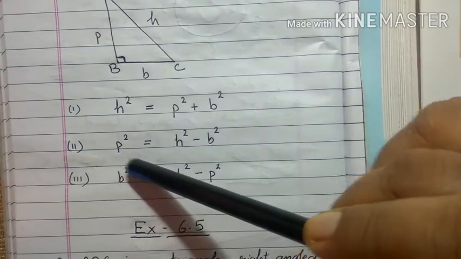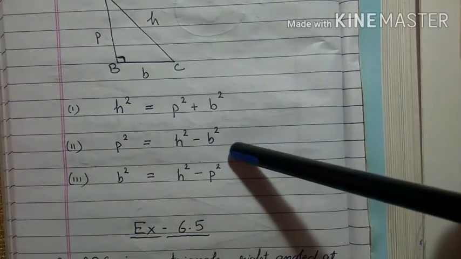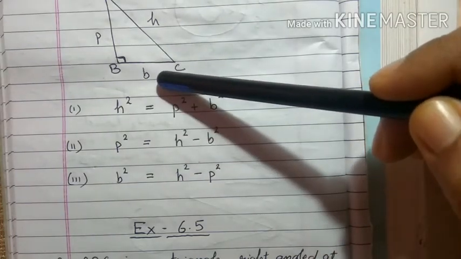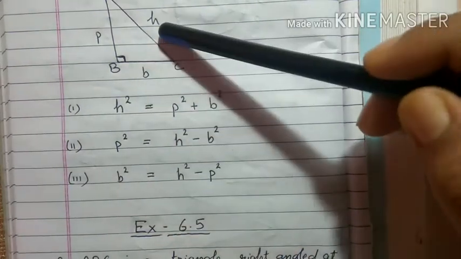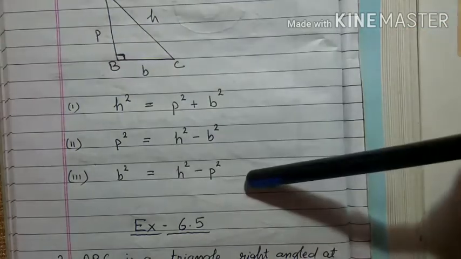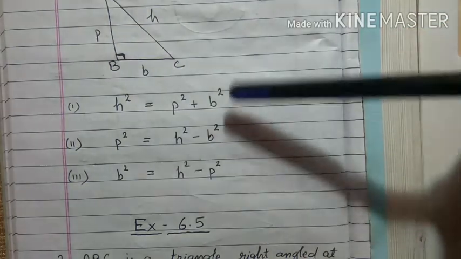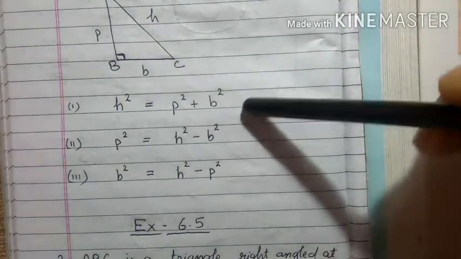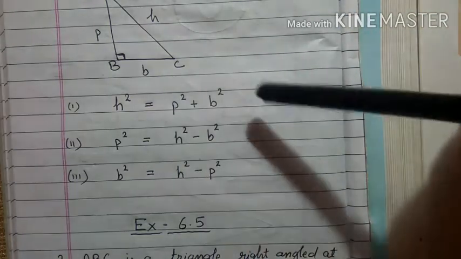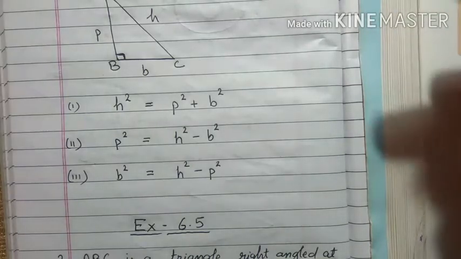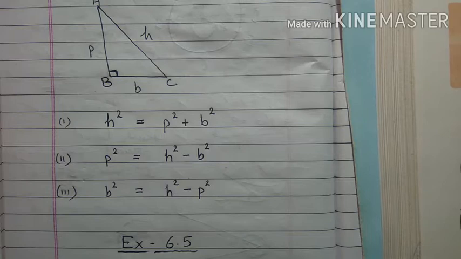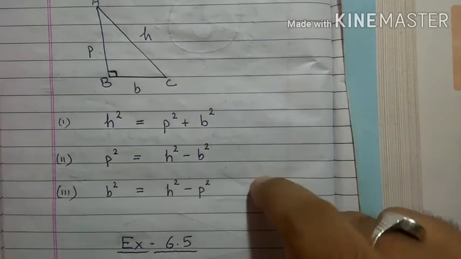Similarly, when base is missing, again this is the smaller side, so base square is equal to h square minus p square. This is the third form. All these are Pythagoras property, and we can apply these formulas for finding the missing sides in a right angle triangle. Now come to exercise 6.5, in which we are going to apply these formulas.